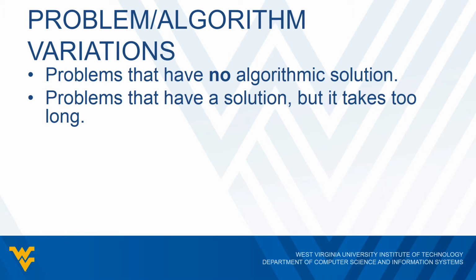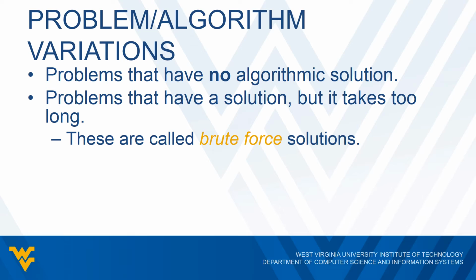There are some problems where we do have a solution, but the solution is inefficient. It just takes too long in order to actually solve it. So these types of problems are what we call brute force problems, or brute force solutions, where the only way we can solve it is maybe to try all possible approaches. Let's say, for example, you're trying to hack an account. Horrible example, but we're just going to go with it. And the only viable way to successfully do it is to try all different combinations of letters, numbers, uppercase, lowercase letters, and special characters.